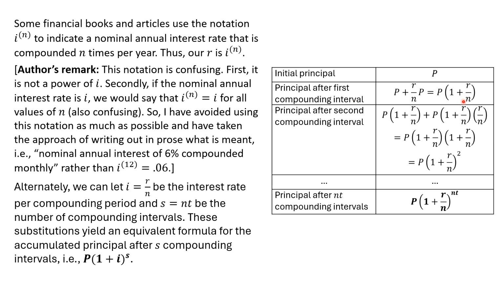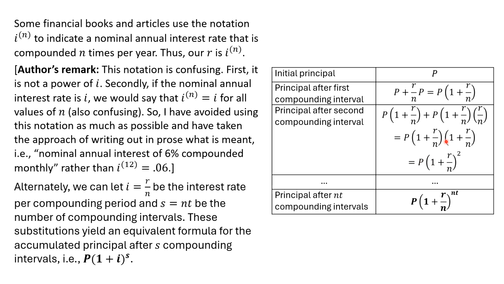Then you start with this number, and I factored the P out. You start with this number as your new principal in the second period, and you multiply that again by R over N. So R over N times this, add it to this amount, and you can factor out a 1 plus R over N, and you get this here.